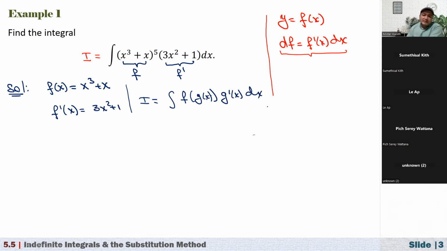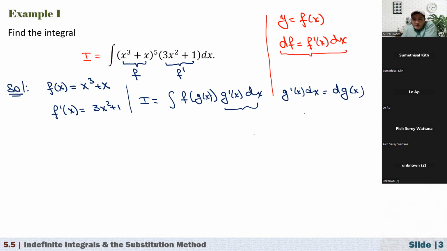Okay, so in this case, how are we going to evaluate this? This g prime of x dx part, I can write it as dg, right? Because g prime of x dx is just the differential of g. So now I can change this into this form.